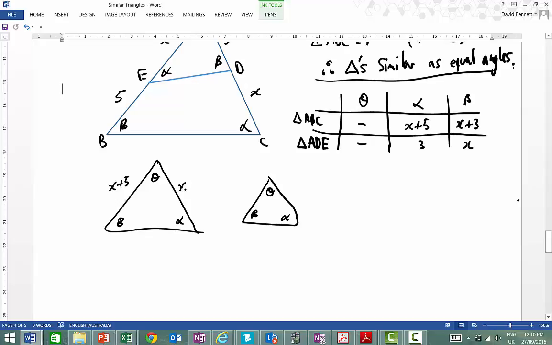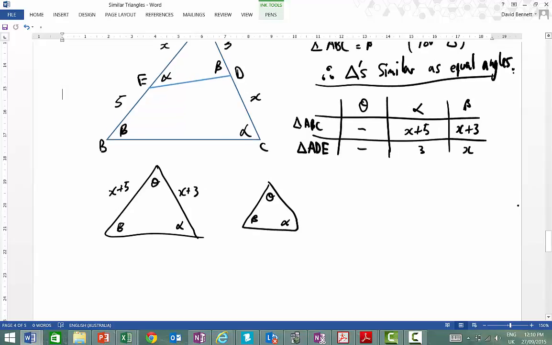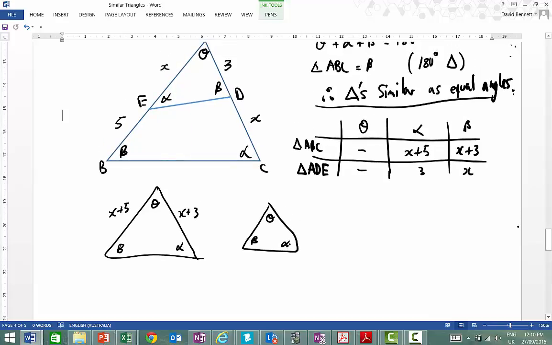That's going to be x plus 3. When we're looking at this, the tricky bit is getting at our angle alpha, theta over there, that's going to be 3. Beta on this side over here is going to be x. So it's in there, but it's just been flipped around. So now we've got our information. It's just a matter of now solving our triangle.